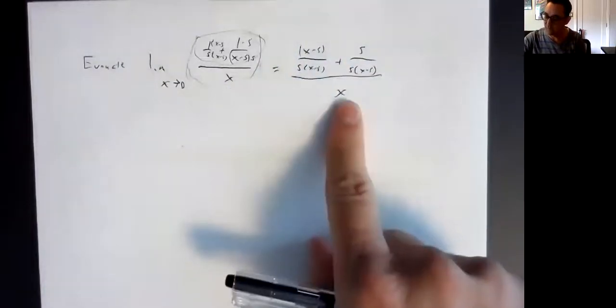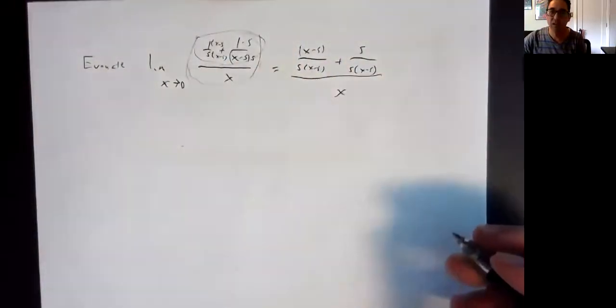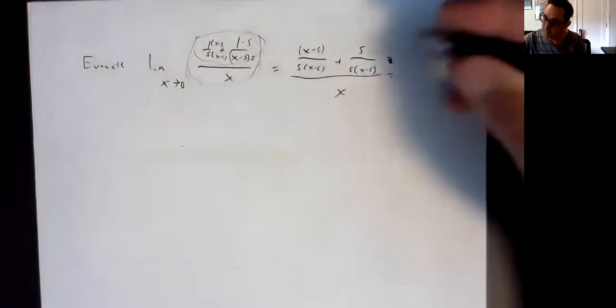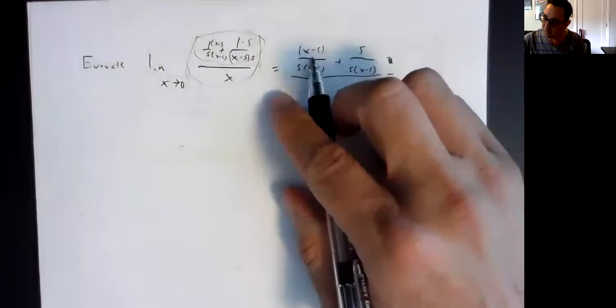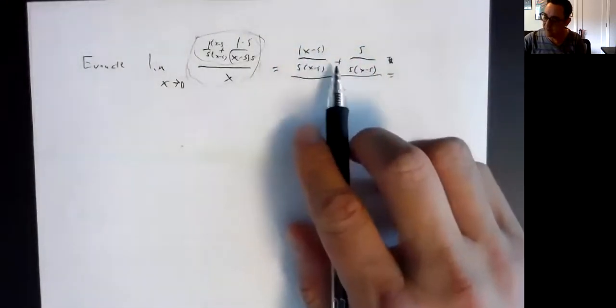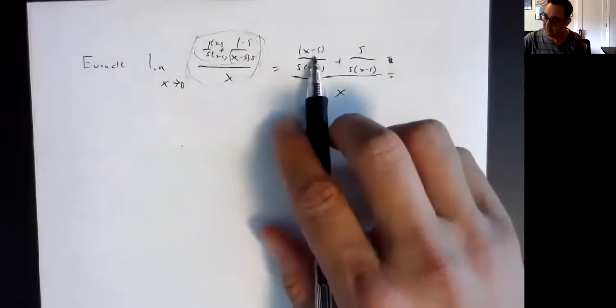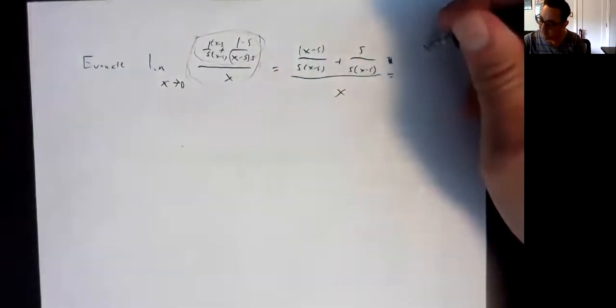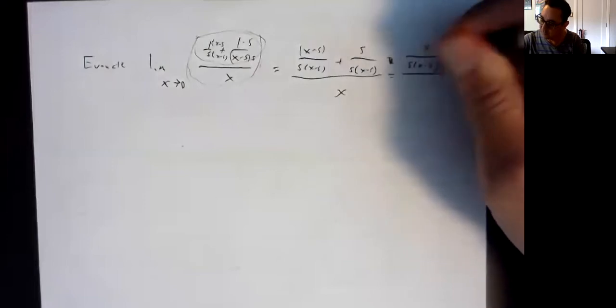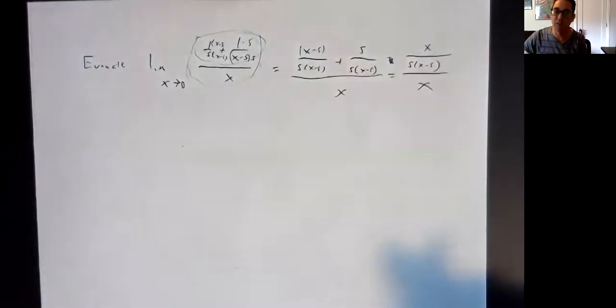This x is just staying, but I'm working at the top. Add these together. I should put the equal sign in the middle. X minus 5 plus 5, well, minus 5 plus 5 cancel, I just get x over 5 times x minus 5 all over x. That's what I get so far.